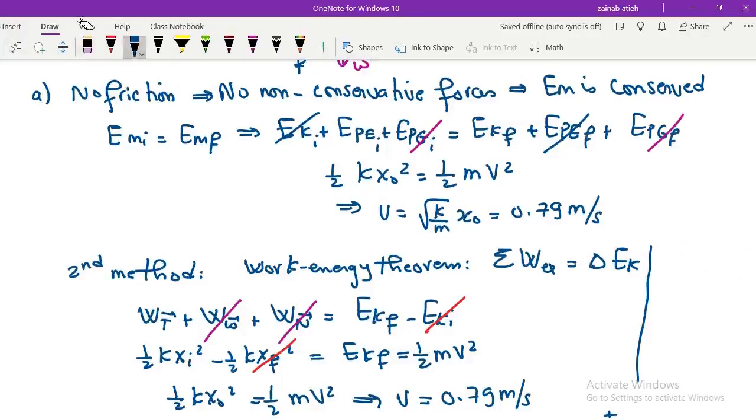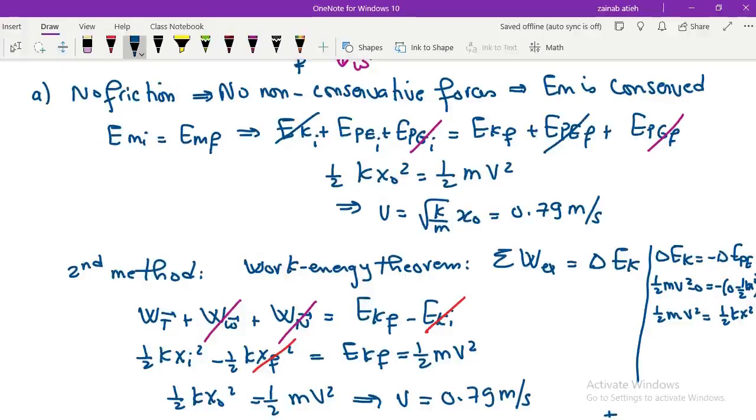It is delta EK equals minus delta EP. But I prefer the first method. Anyway, I will write it. It's half mv squared minus 0 equals minus 0 minus half kx squared. So in the end I get half mv squared equals half kx squared.